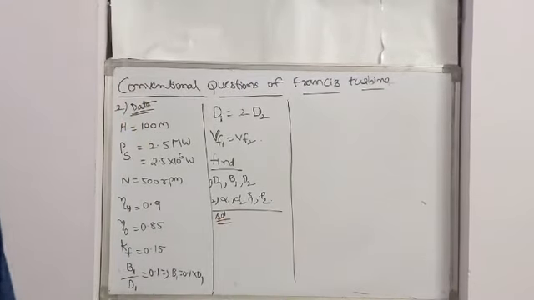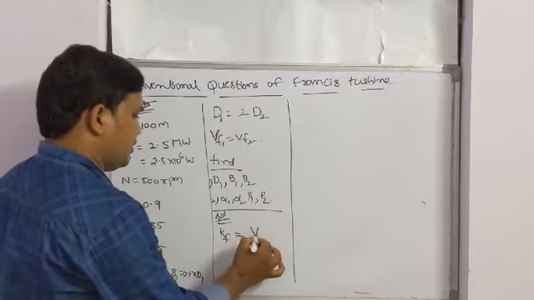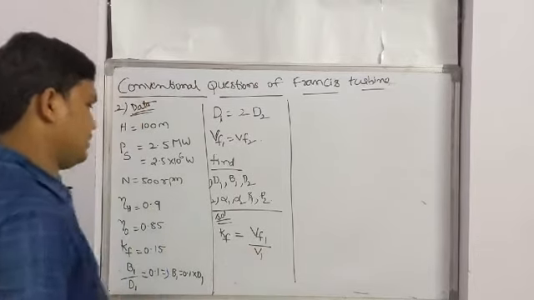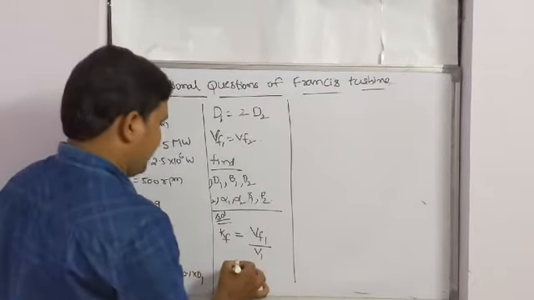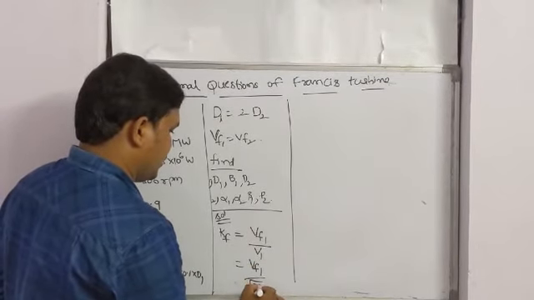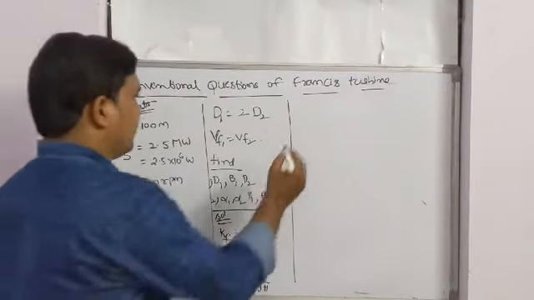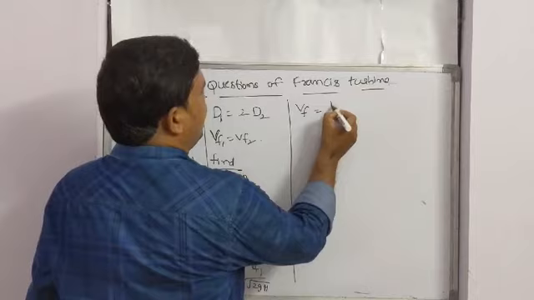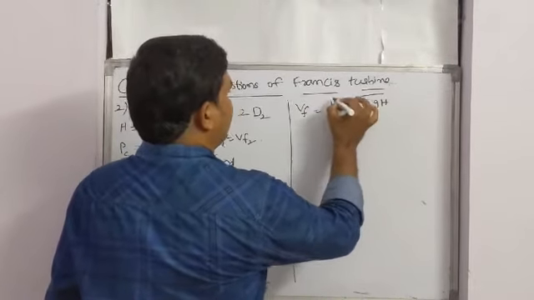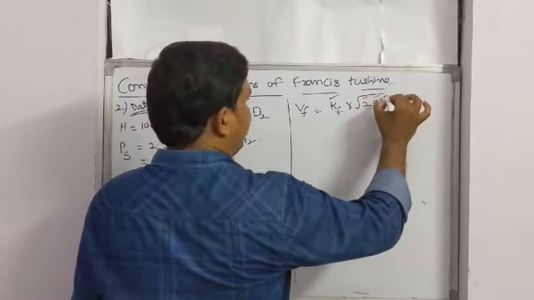Solution. We know that flow ratio Kf is equal to Vf1 by V1, so we can write Vf1 by root over 2gH. Therefore Vf1 is equal to flow ratio Kf into root over 2gH. Kf is given 0.15, 2 is constant, g is 9.81, head is given.